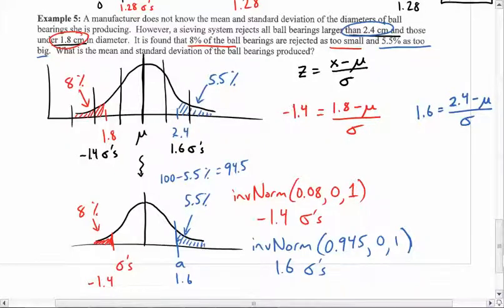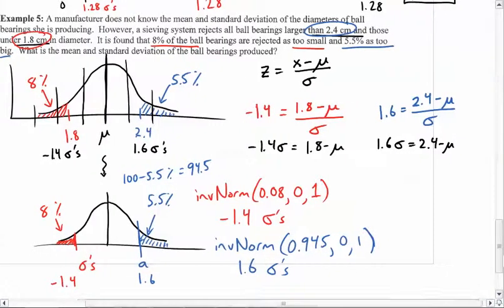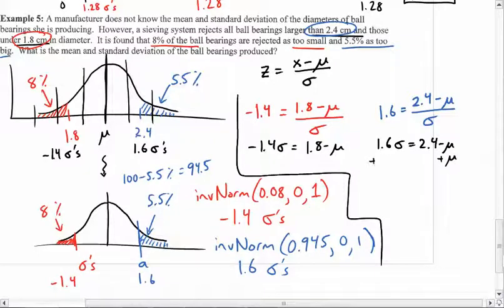To do that, I can multiply both sides of the equation by sigma, so I move the sigma to the other side and don't have to worry about any fractions. Now I need to solve one of these equations for mu. Maybe I'll take this one, add mu to both sides, and subtract 1.6 sigmas from both sides.